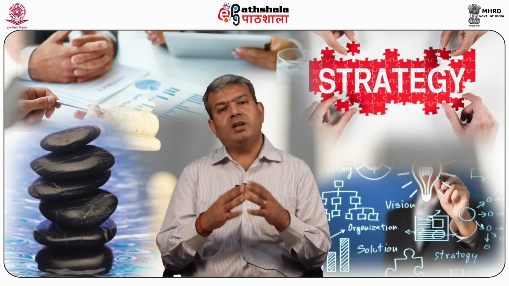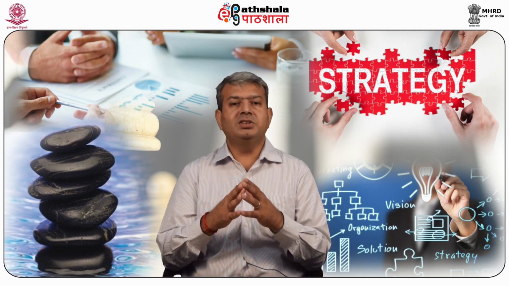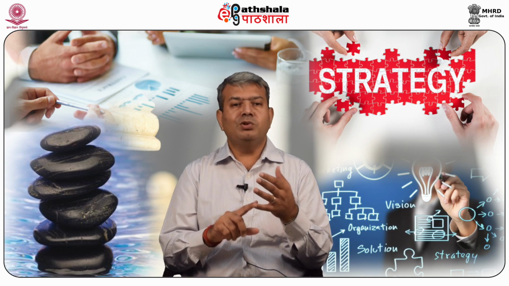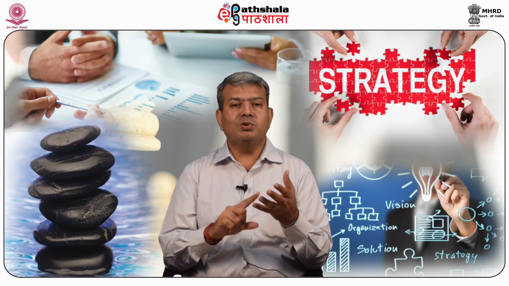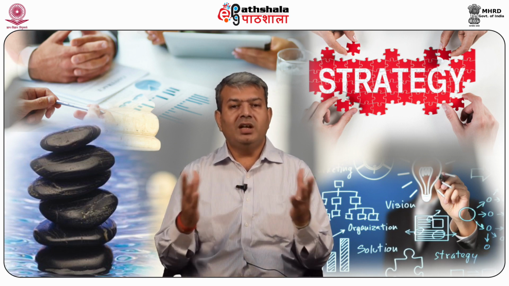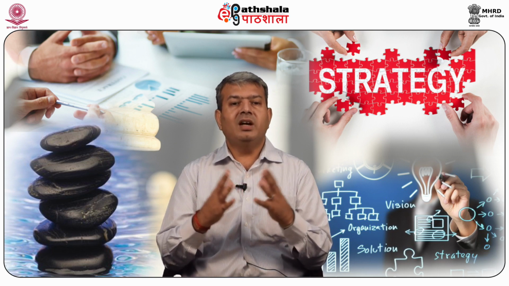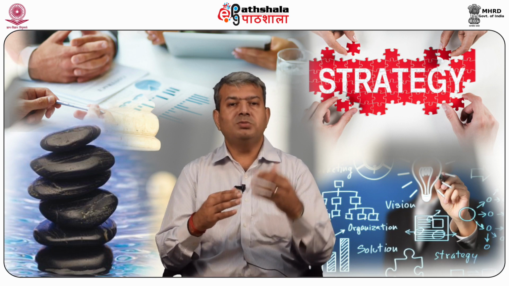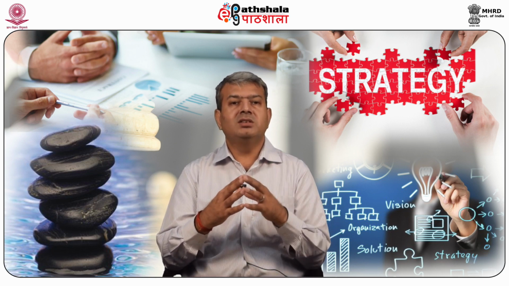Students, the balanced scorecard takes a balanced view of the organization by looking into 4 different perspectives. It looks into the financial perspective, the customer perspective, the internal business perspective, and the learning and growth perspective. We have a complete module on this subject and you can listen to that.